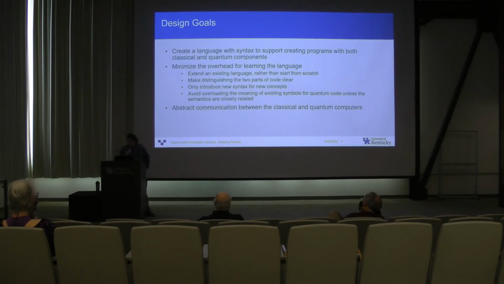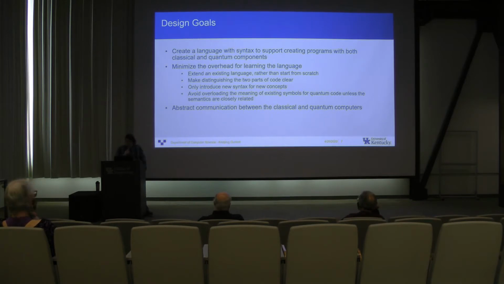It's also important to make the two parts of code as clearly distinguishable as possible, so people using it can clearly tell, oh, this is the quantum bit, and I need to have different expectations for what happens versus the normal code. And obviously only introduce new syntax for new concepts, and try not to overload the meaning of existing symbols and operations, to minimize confusion.